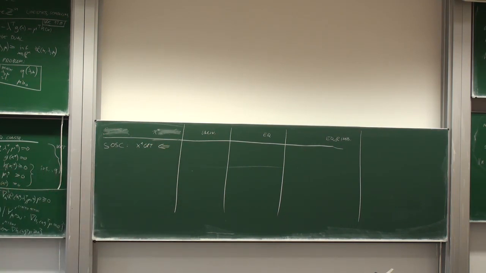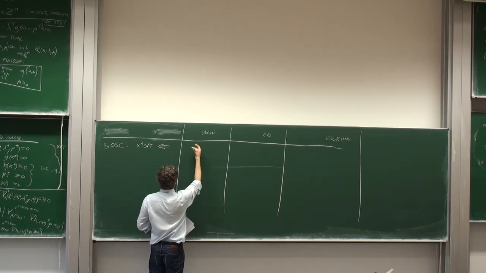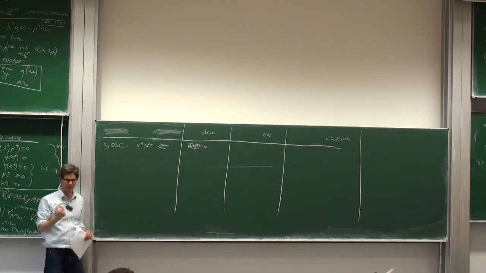What are the sufficient conditions that we need to know in order to be sure that something is an optimizer? We need to know, of course, first of all, it should be a stationary point. So the gradient at x star should be 0, and also its Hessian should be positive definite.